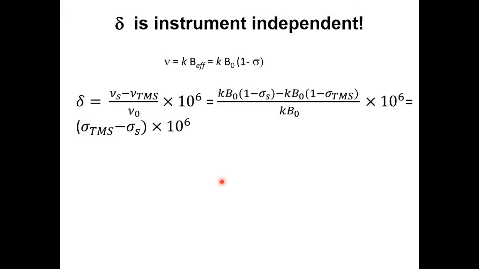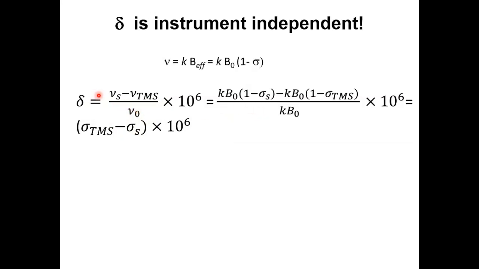Now, if you look at a little more detail, and how resonance frequency is impacted by screening constants, you will see that by definition, chemical shift is the resonance frequency of your sample minus the resonance frequency of TMS, divided by the instrument frequency.